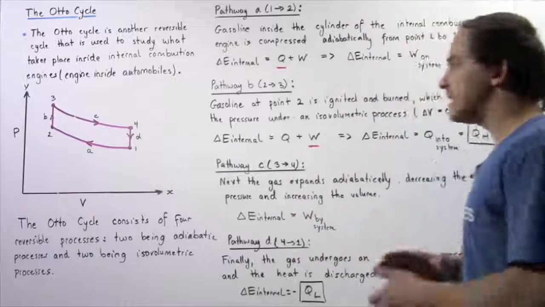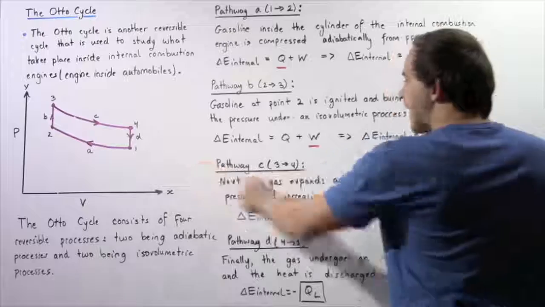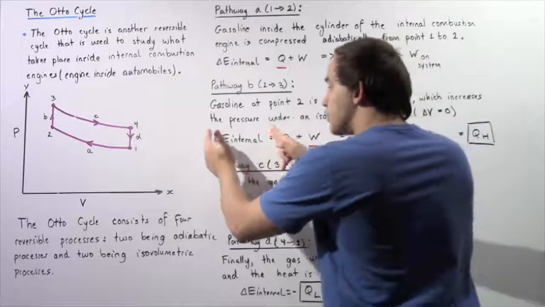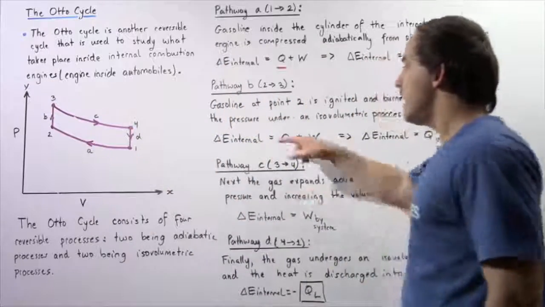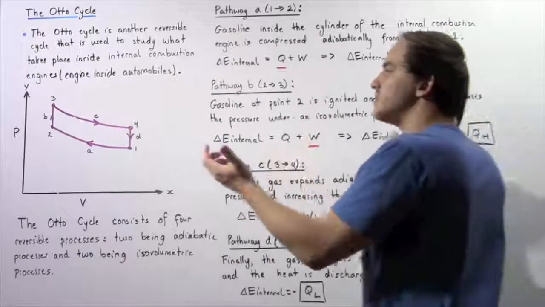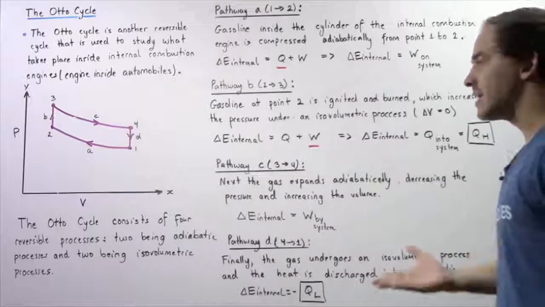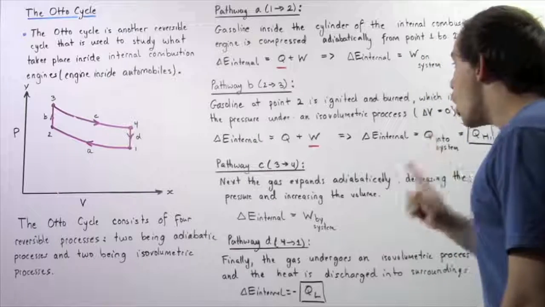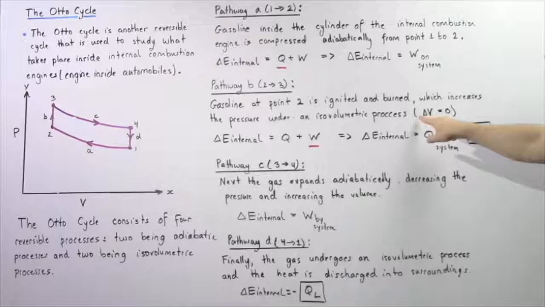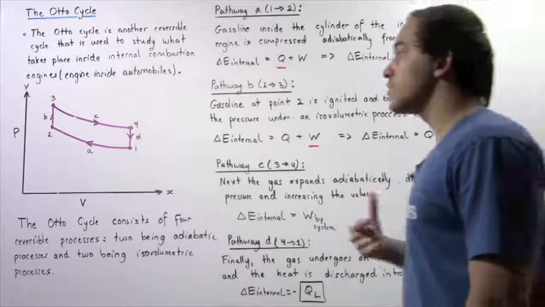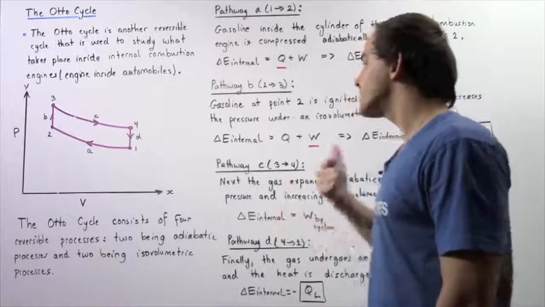So notice what takes place. Let's examine once more the first law of thermodynamics, which states the change in internal energy of our system during pathway B is equal to the heat that flows into our system plus the work that is done on our system by the surroundings. Because we're dealing with an isochoric process, the change in volume is 0, so no work is done by or on our system.